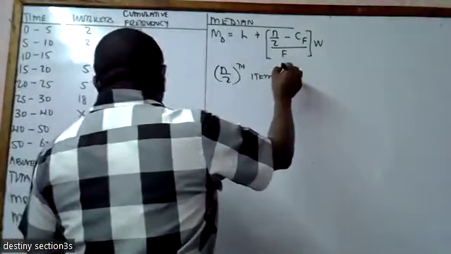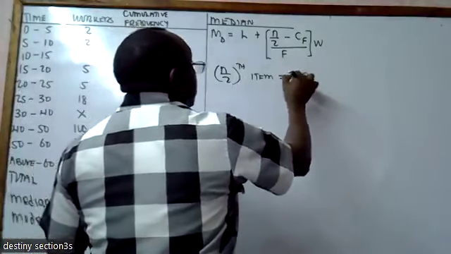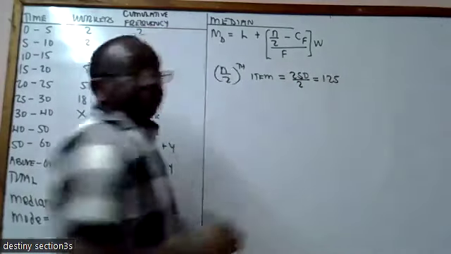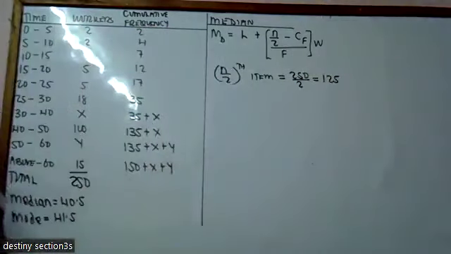So this will be 250 divided by 2, which is 125.